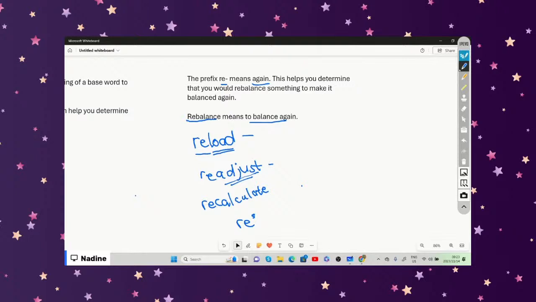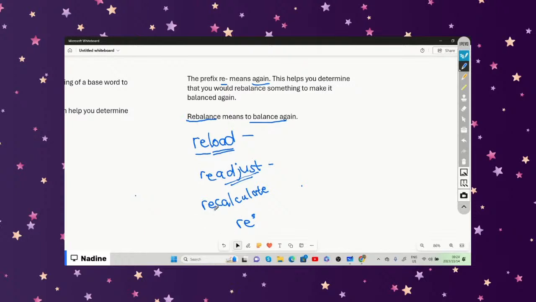Adjusting is if you are adjusting to waking up at a certain time or starting to do something at a certain time. But that means that you need to readjust.